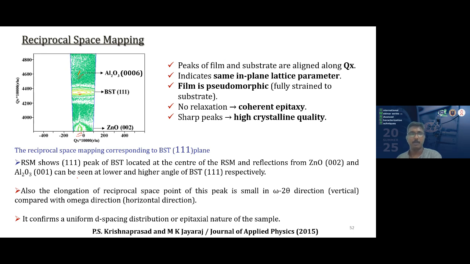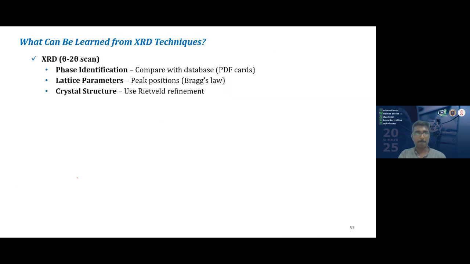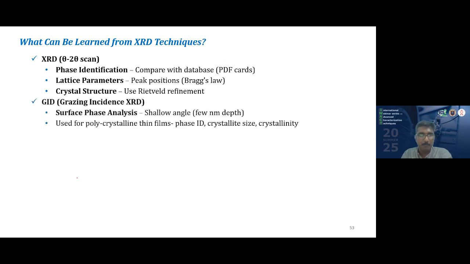So summarizing my presentation, what can be learned from XRD techniques? In the case of normal XRD theta to theta scan, you could do phase identification, which will give the lattice parameters. From that, we can calculate crystal structures and lattice parameters. Using Rietveld analysis, you can determine the crystal structure also. Using GID, you could do surface phase analysis.